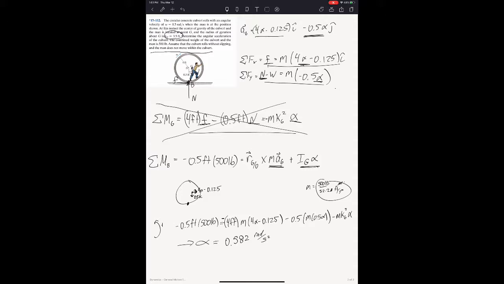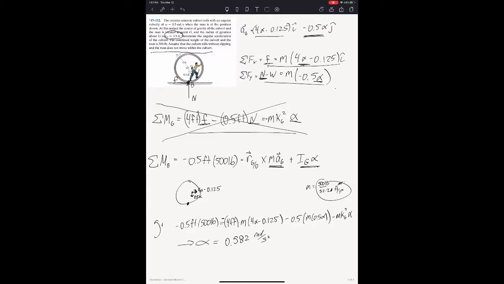This problem gets a lot more complicated if the man is walking in the wheel and you're assuming that he is staying in the same position relative to the wheel as it moves. So basically, you look at his position at any given moment and it looks like this, even as time passes. That problem is different, and particularly, he's not a part of the rigid body, because he is moving relative to the wheel.